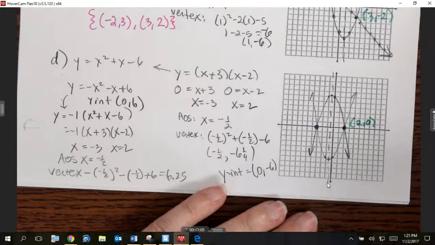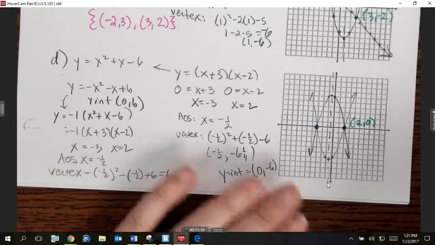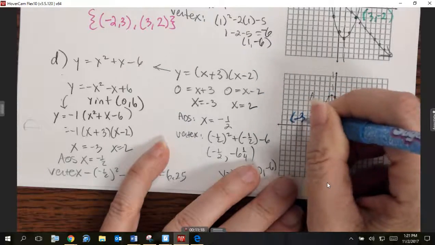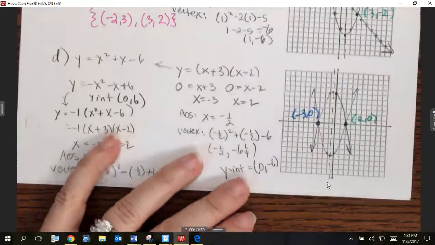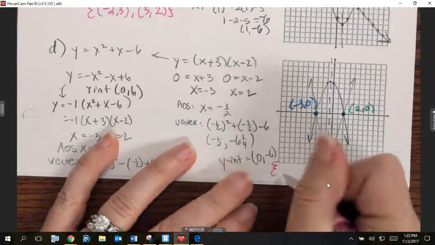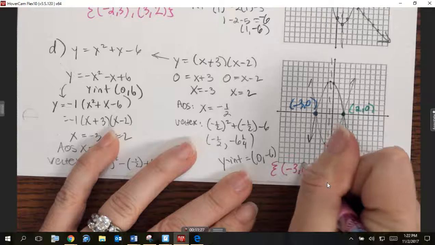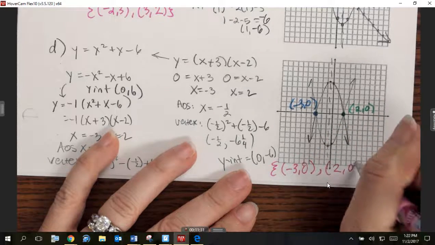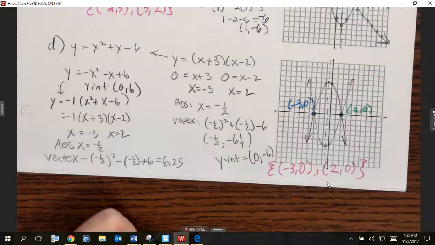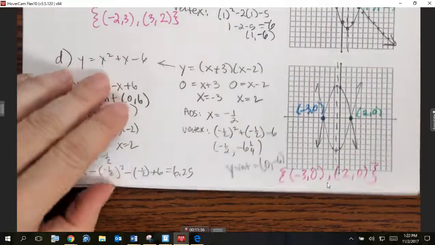And Stuart, are you looking on my graph or your graph? -3, 0. Okay. So we write our solution. Once we check it and we know that it is correct, which of course is correct because it's me, right? Okay, I'm just joking, guys. And then 2, 0. We write in our fancy brackets, left to right. Okay.